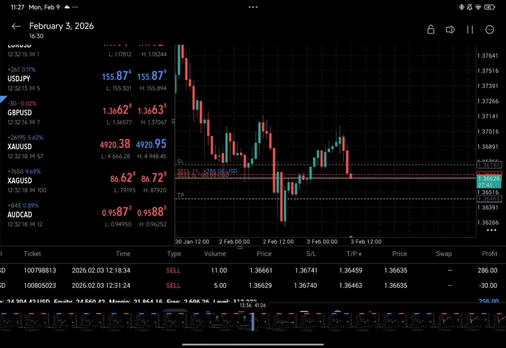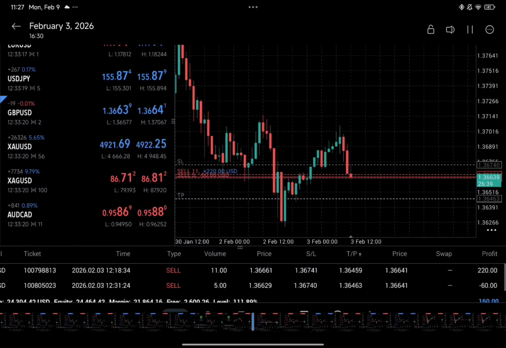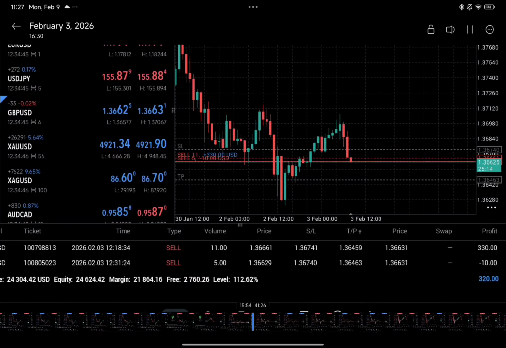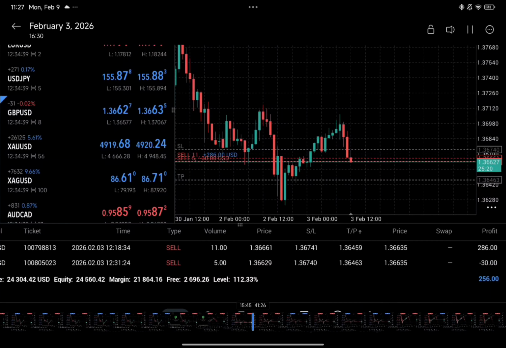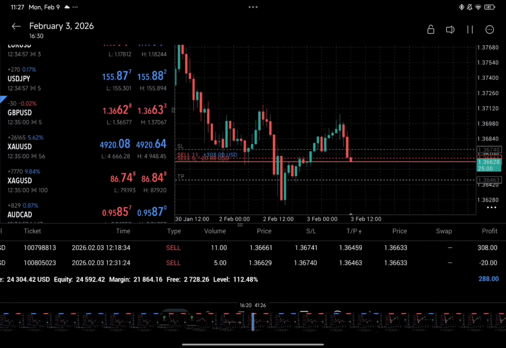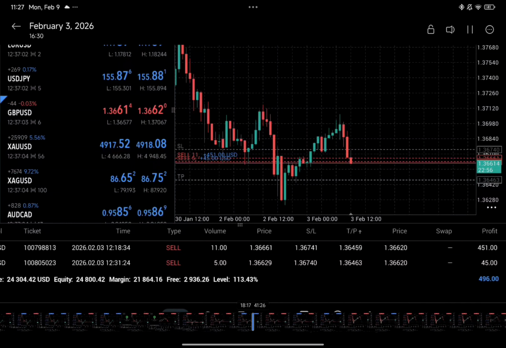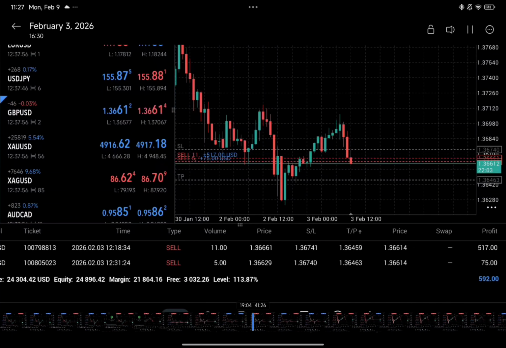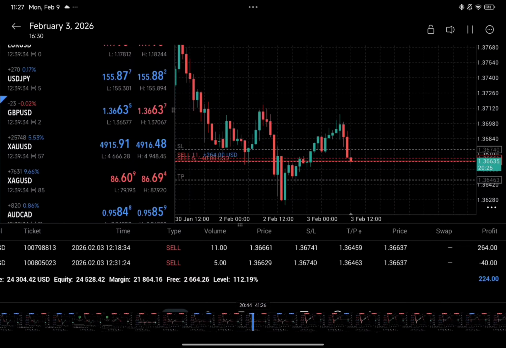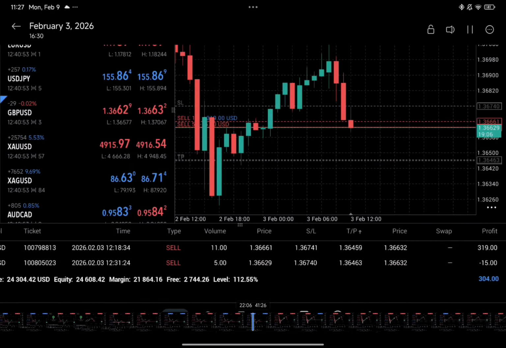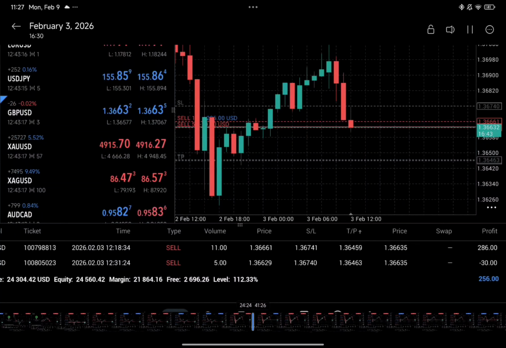You basically add to your winners and you cut your losers. If you are winning, you have to add more, and that's how you scale your account. That's how you flip your small accounts into bigger ones.